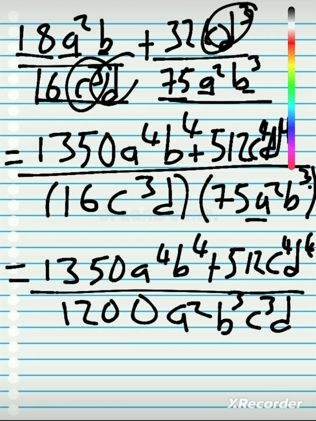There must be maybe 2 or 4. They should have a common factor. So 4 can't go into 1350. Anyway, you can reduce by 2, but this is the point. It means you have expressed it as a single fraction.